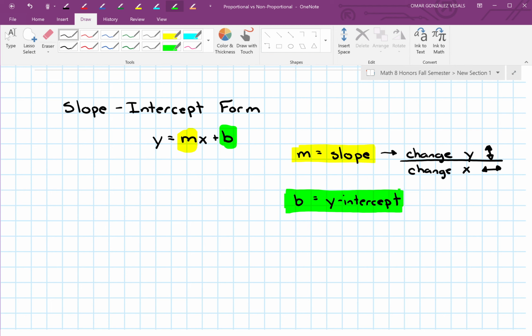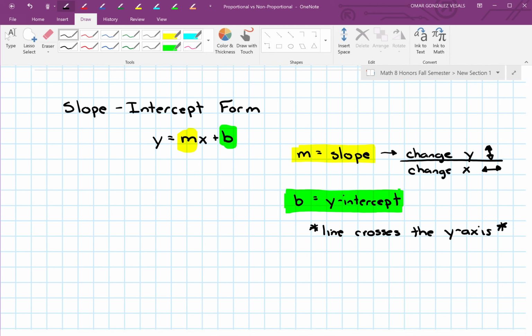And it's basically where your line crosses your y-axis. Okay, so it's where the line crosses the y-axis. Right?